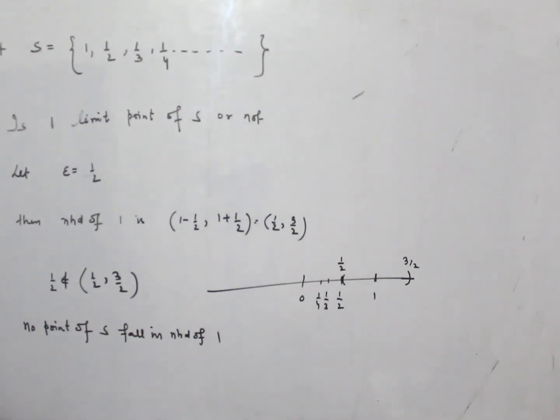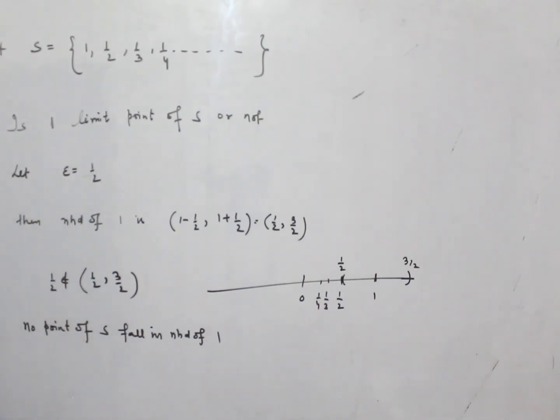Similarly, if I have the freedom to reduce the value of epsilon, if you have doubt that 1 by 2 is very close, I can even reduce the length of the neighborhood.